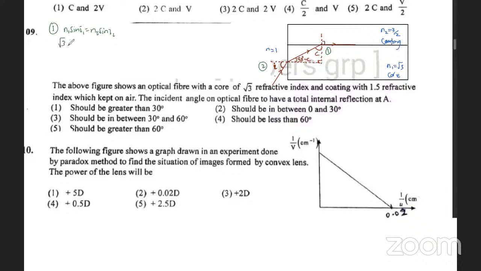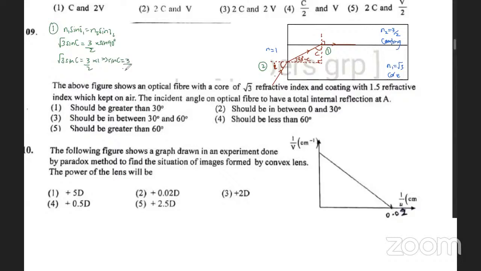Root 3 sine C equals 3 over 2 into sine 90, because this is the critical angle. Then sine 90 is 1, so root 3 sine C equals 3 by 2 into 1. So sine C will be equal to what?